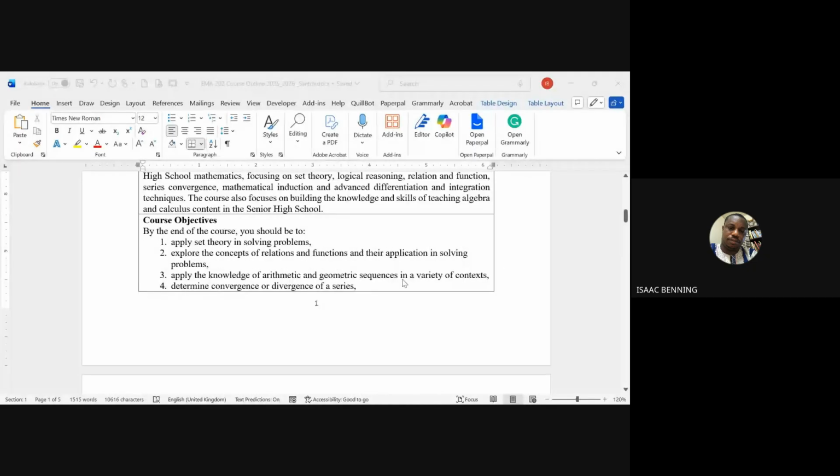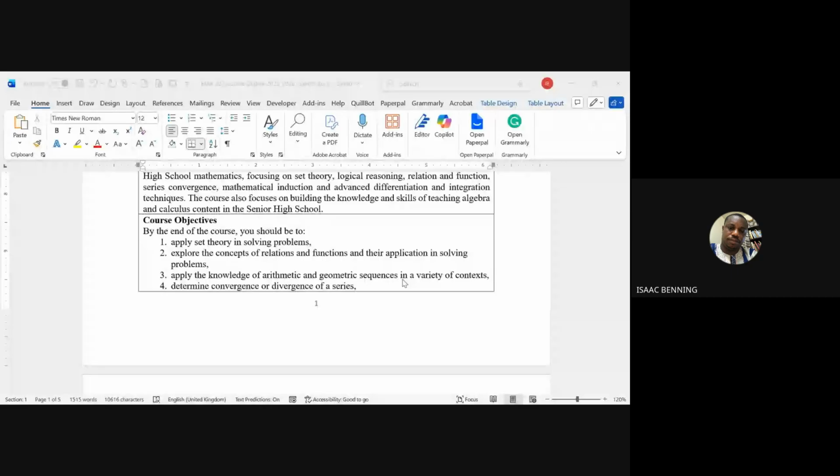So we expect that by the time we finish, you'll be able to apply set theory in solving problems. You'll be able to explore the concepts of relations and functions and their applications in solving problems.